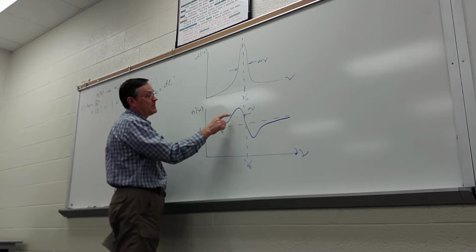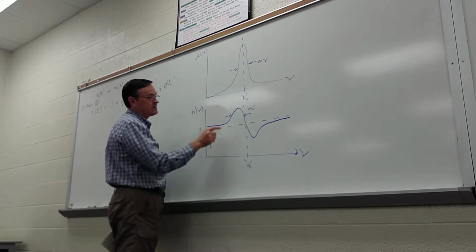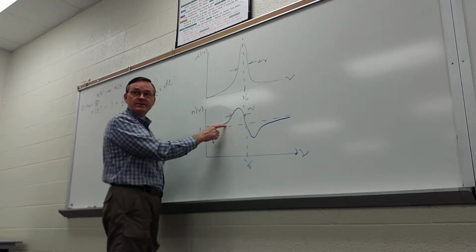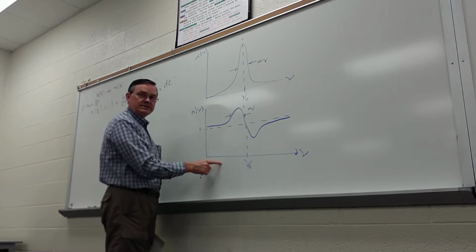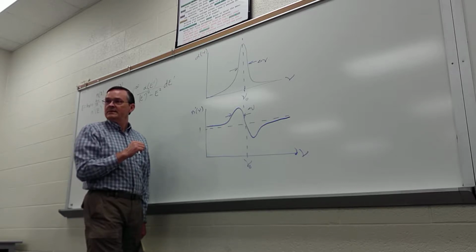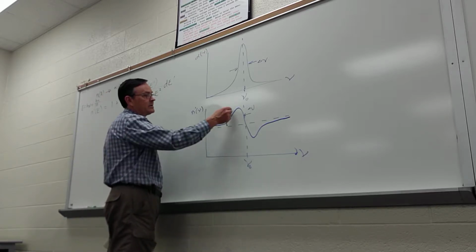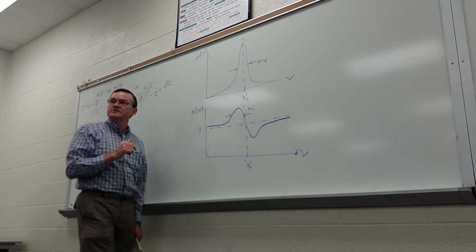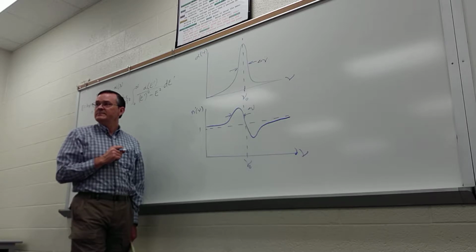As the frequency decreases, the refractive index decreases. If frequency is decreasing, the wavelength is what? Increasing. So we're going to longer wavelength, and we're getting smaller refractive index. We saw that on Tuesday. That is normal dispersion.